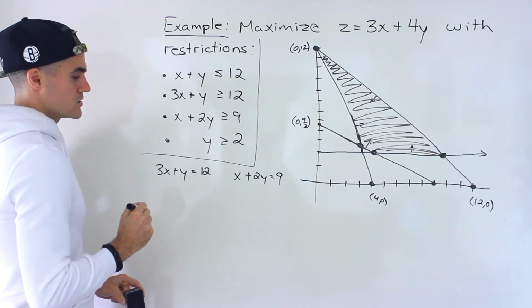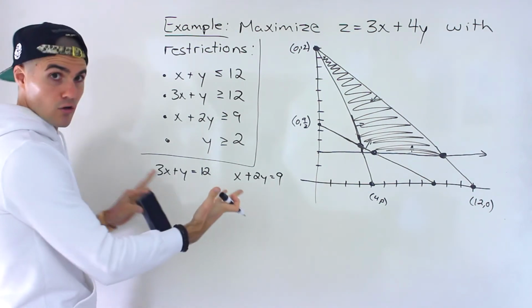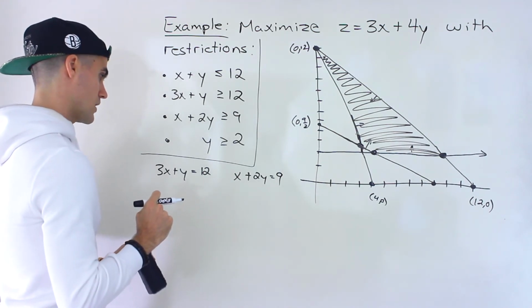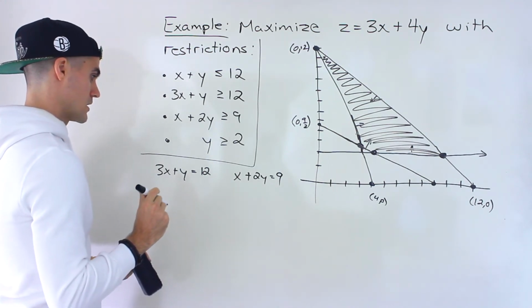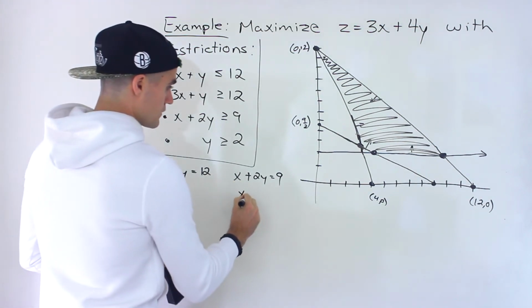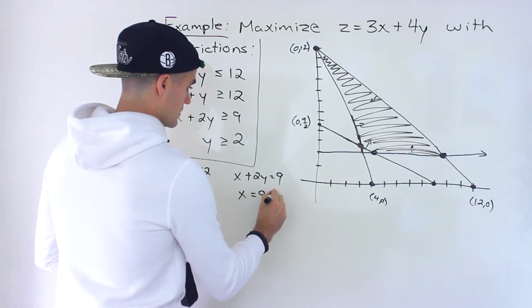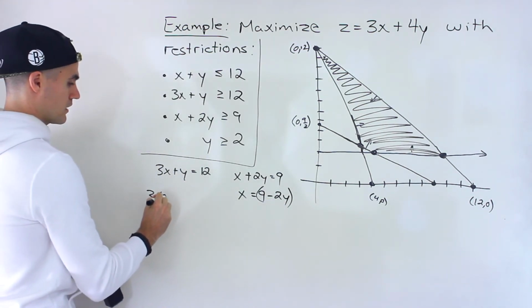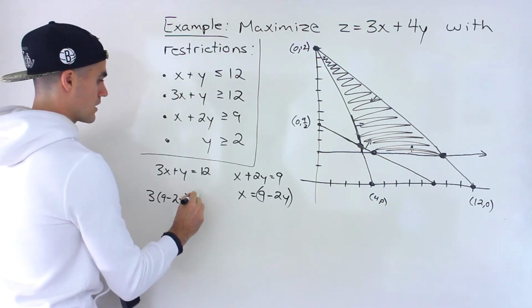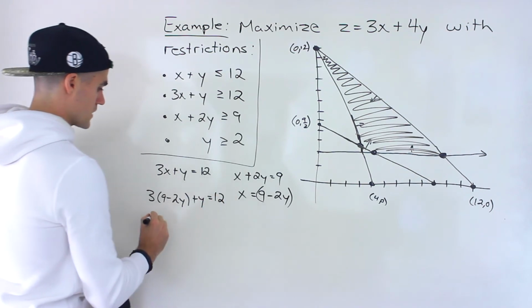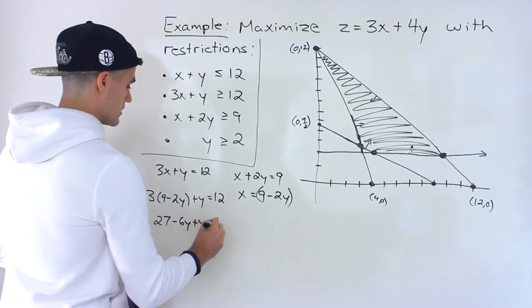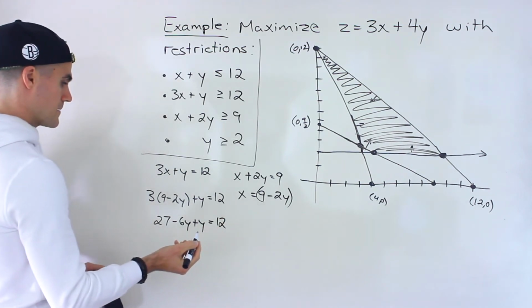Right, so what we can do is solve the point of intersection with these, either with substitution or elimination. What I'm going to do is substitution, so I'll isolate for this x, and then I'll plug this here into this x. So we'll have 3 bracket 9 minus 2y plus y is equal to 12. So we'd have 27 minus 6y plus y is equal to 12, like that.